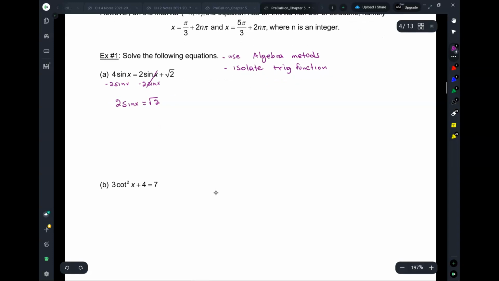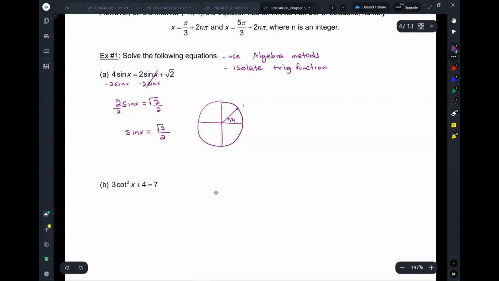And if I want to isolate the trig function, what can I divide by? 2. So I have sine x is equal to root 2 over 2. So now I have to ask myself, on the unit circle, for what values is sine equal to root 2 over 2?